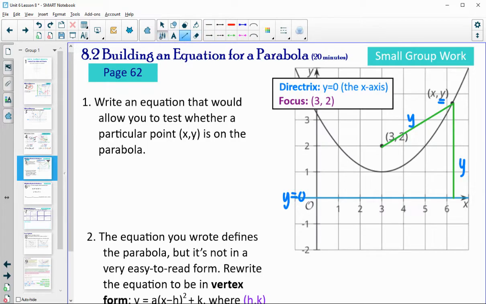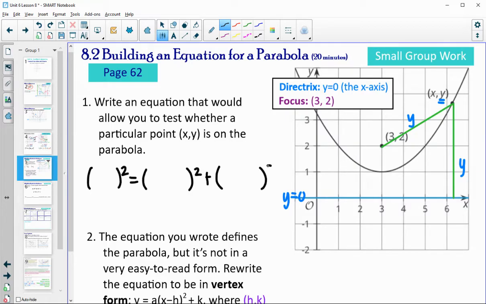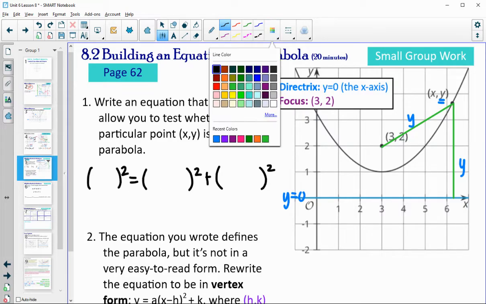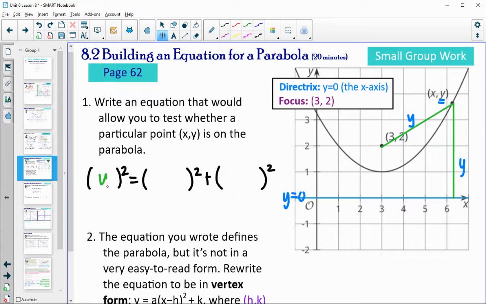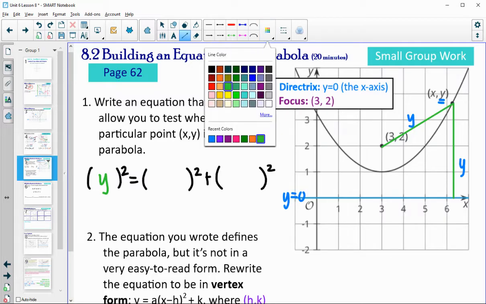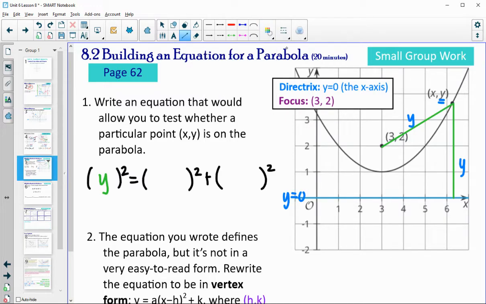So then if we go ahead and plug into the Pythagorean theorem, we have the hypotenuse squared equals the legs squared added together. So the hypotenuse here, the length from the point to the focus, is just y, so y squared. And then we can write the Pythagorean theorem to get this width and this height.